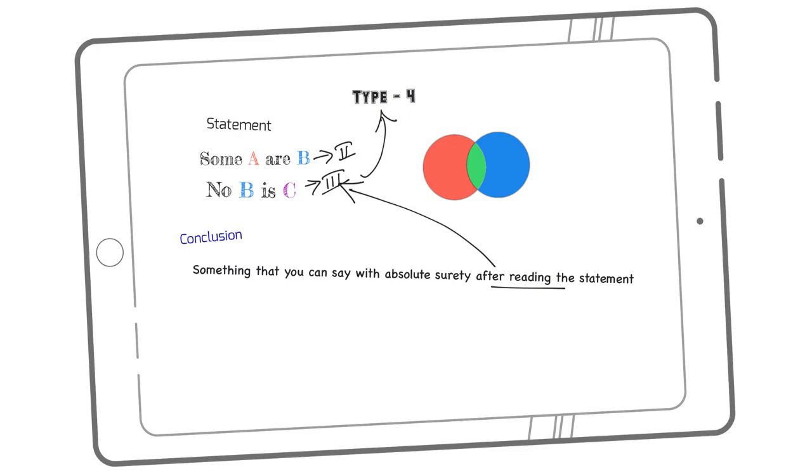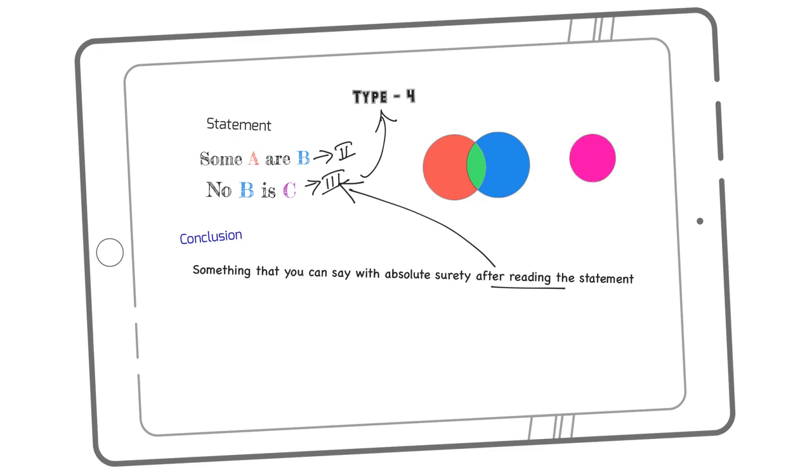No B is C. Let's now draw this. If this is, say, my C, which is quite isolated here, I need to draw for C now. So I'll come here and draw C, representing it in, say, pink.